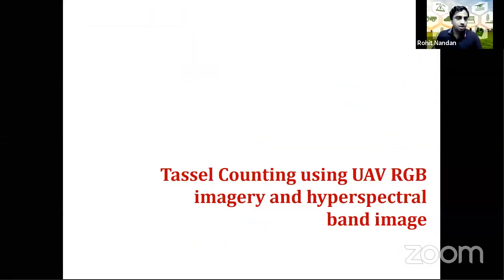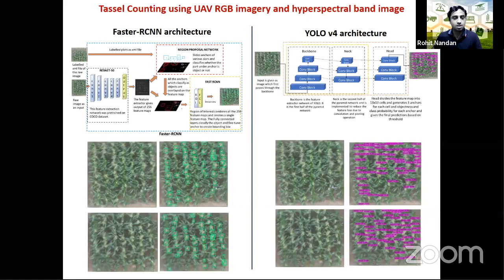One of the major growing stages of maize is the tasseling stage, and the number of tassels matters because it can give some information to predict the crop yield also. So here we used two machine learning approaches. One is Faster RCNN; these machine learning techniques were used on the RGB data.